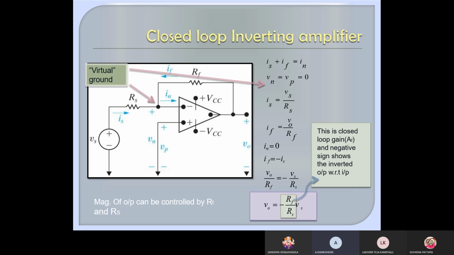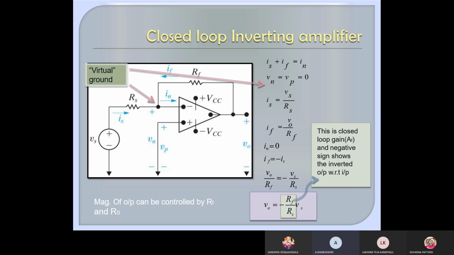So based on the virtual ground, Vn and Vp are equal to 0. This is for the negative and positive terminals of the voltage; we are assuming 0. So Is is, from Ohm's law, V by R, that is Vs by Rs.